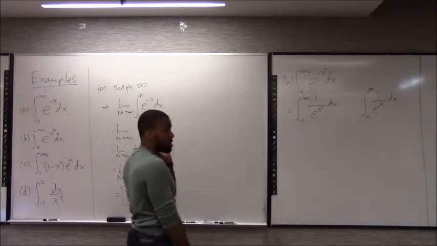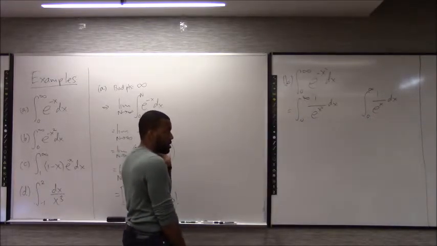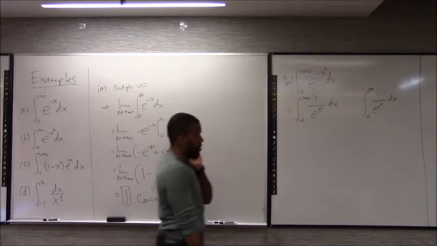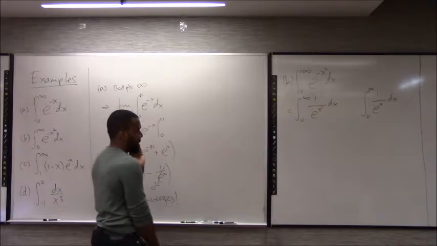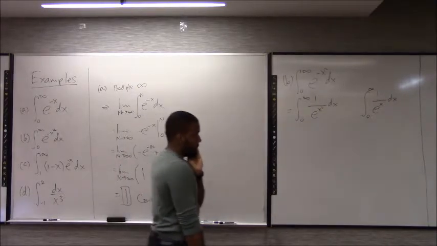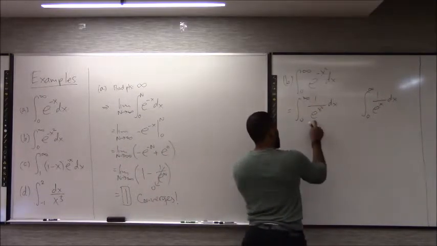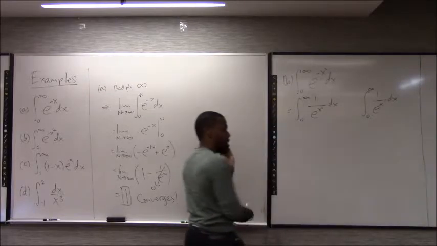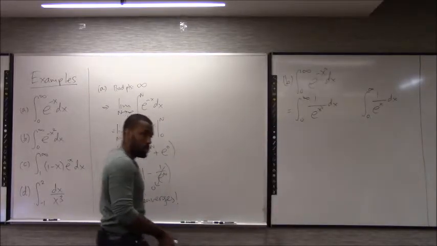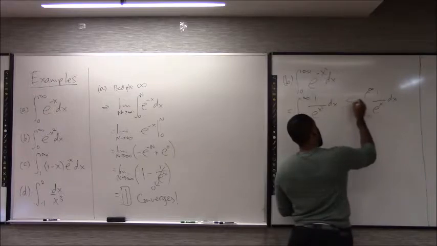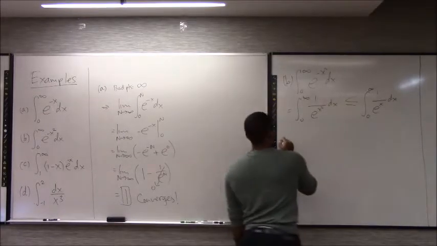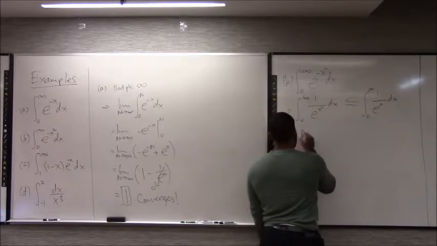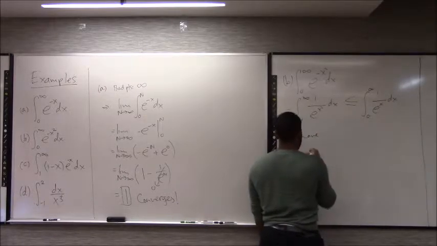Well, the numerators are the same, so just focusing on the denominators, you'll notice that the denominator over here is going to be larger, especially for x greater than 1. It's going to start being a larger denominator here than there. If you have a fraction with a larger denominator, you get a smaller fraction. So this holds.